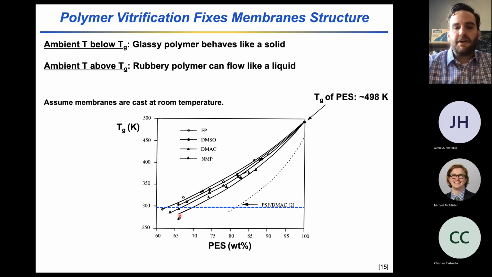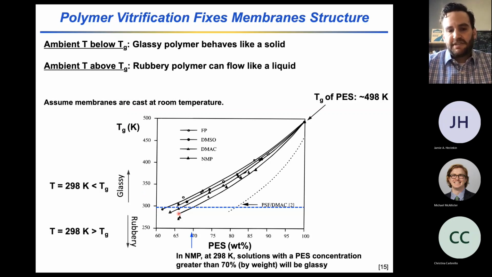And so if we assume that membranes are cast at room temperature, or 298 degrees Kelvin, then these formulations where I have 35% or more NMP in the casting solution will be rubbery and can flow like a liquid, whereas these compositions here will be glassy and won't be able to flow.